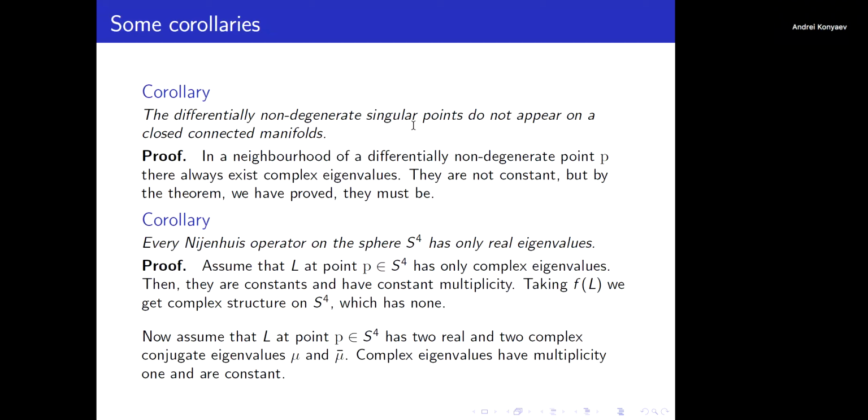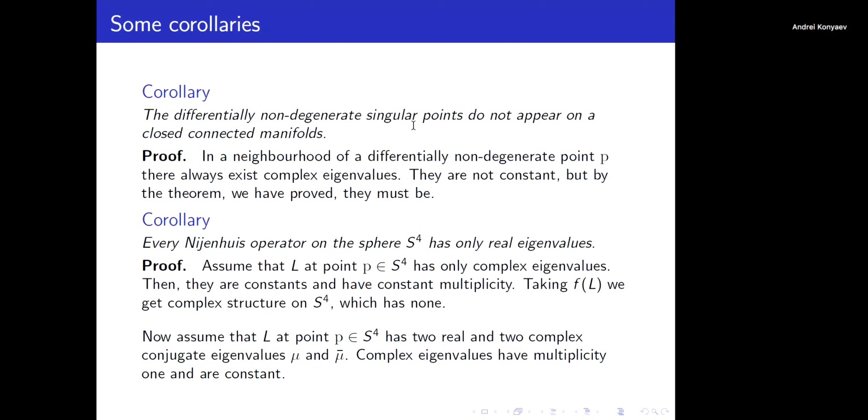Why? Because if you assume that it is possible, then you cannot have constant eigenvalues. Same thing goes here, because if we look at the singular points for such an operator, and we look at the polynomial, we'll see that the singular points imply that you have this switch between different eigenvalues.